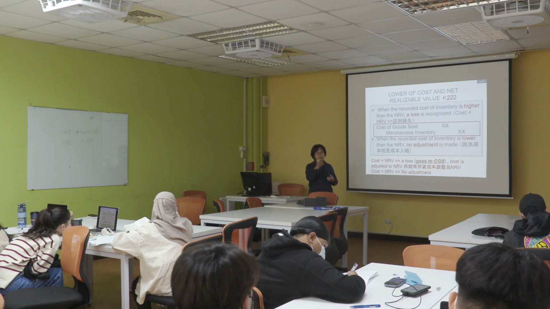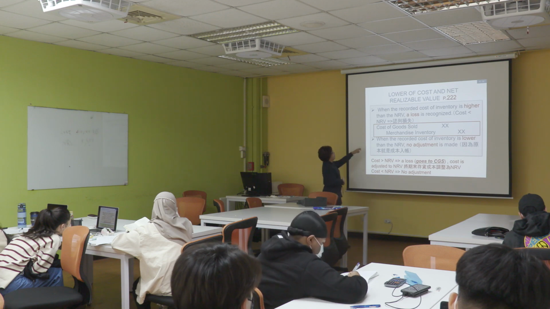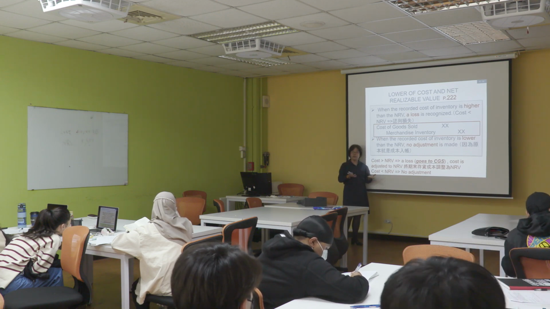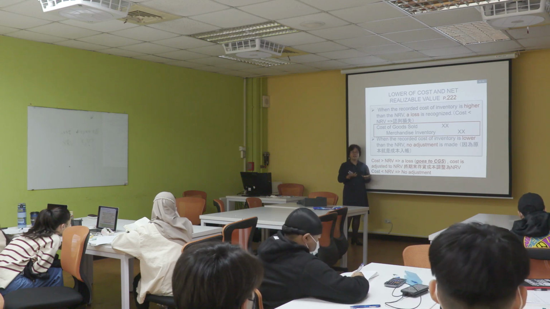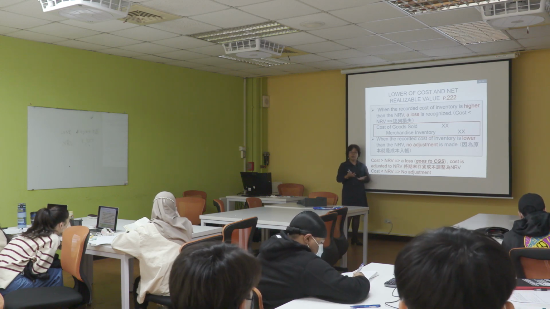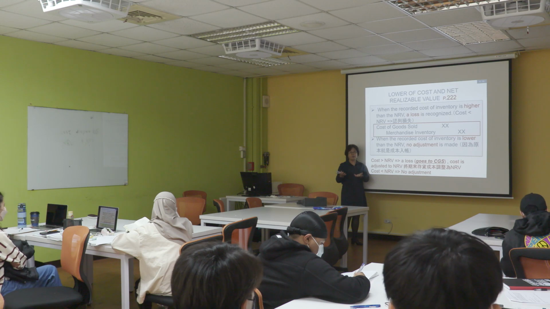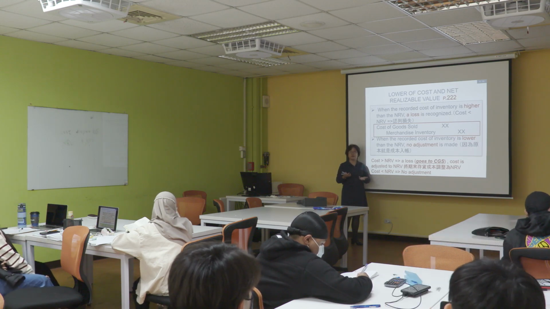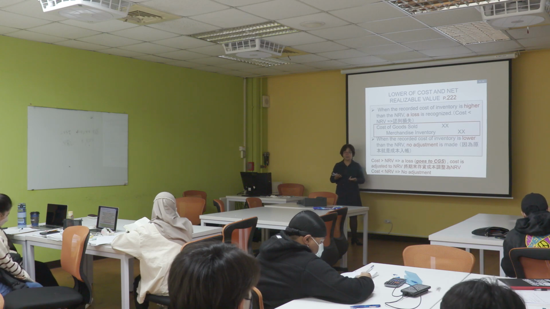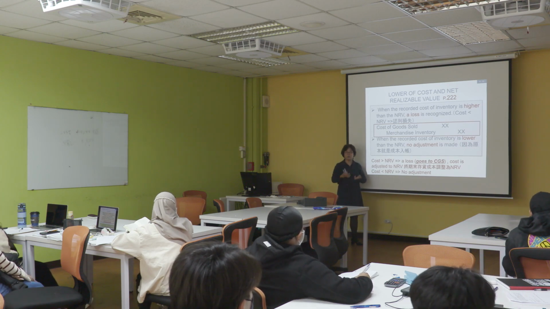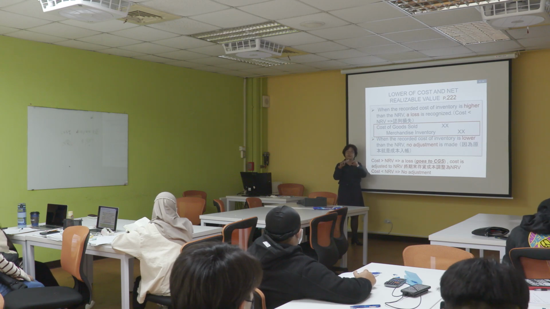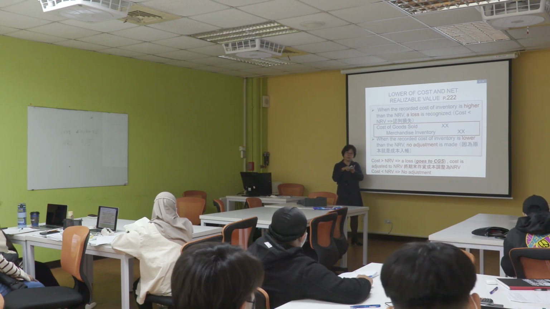Okay, so probably you purchase something or you manufacture something, and actually the condition is not so good. So that's why on the market it's not so popular. When it's not so popular, like the iPhone, it cannot be sold out in time. Then the value dropped. So people can see that number from your gross profit.